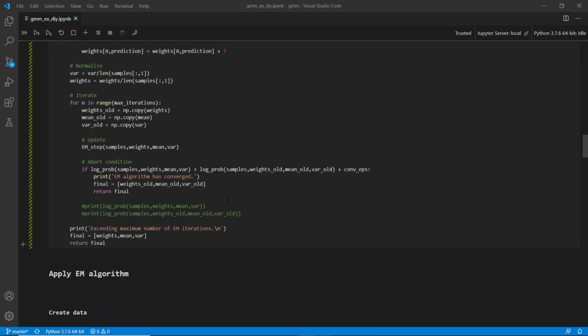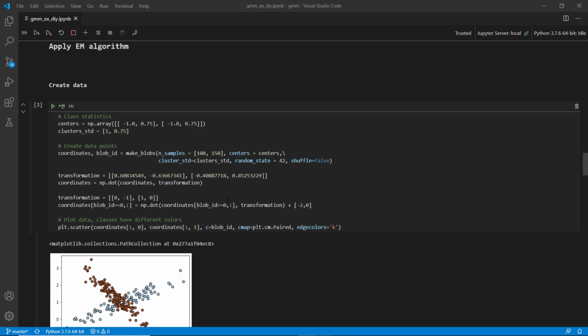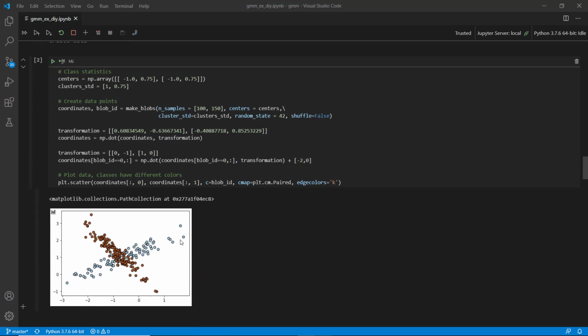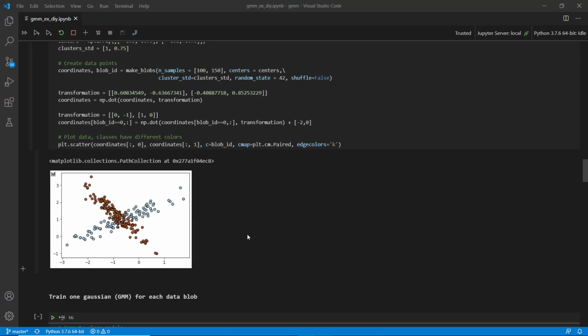And we have some applications here. First, we just apply it to overlapping data, something we also saw in the comprehension question. And this is basically the data we will be working with. So we will see more or less the classification of those two classes.